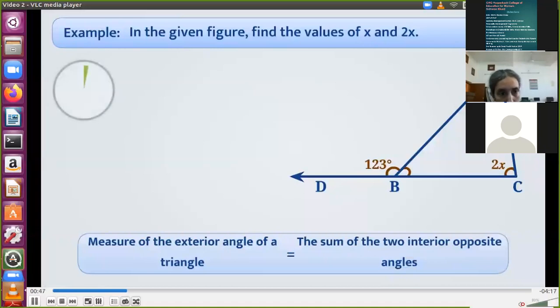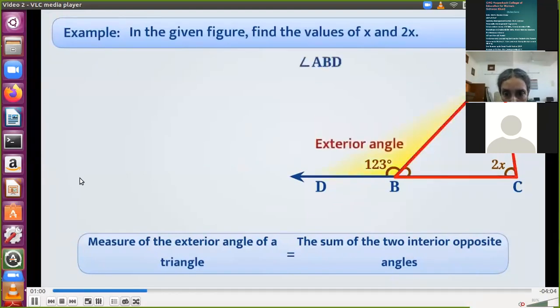Angle ABD is given to us 123 degree. As we know, this is an exterior angle and it is given 123 degree.